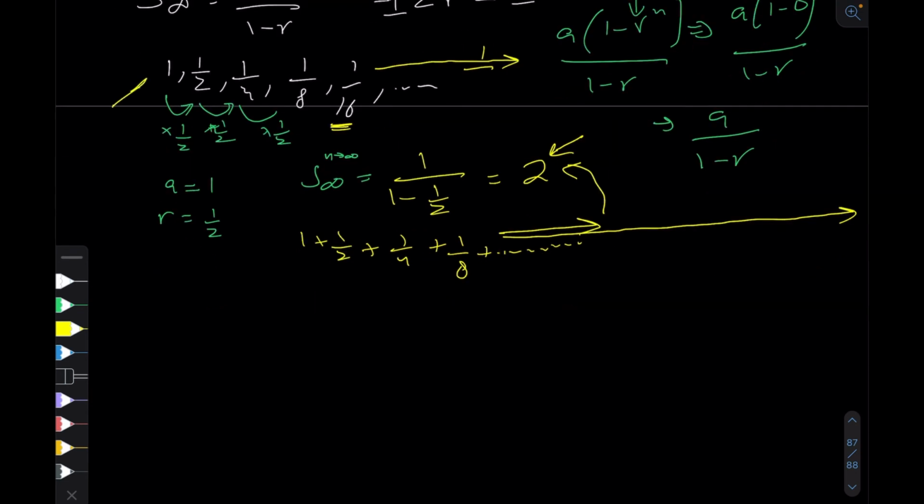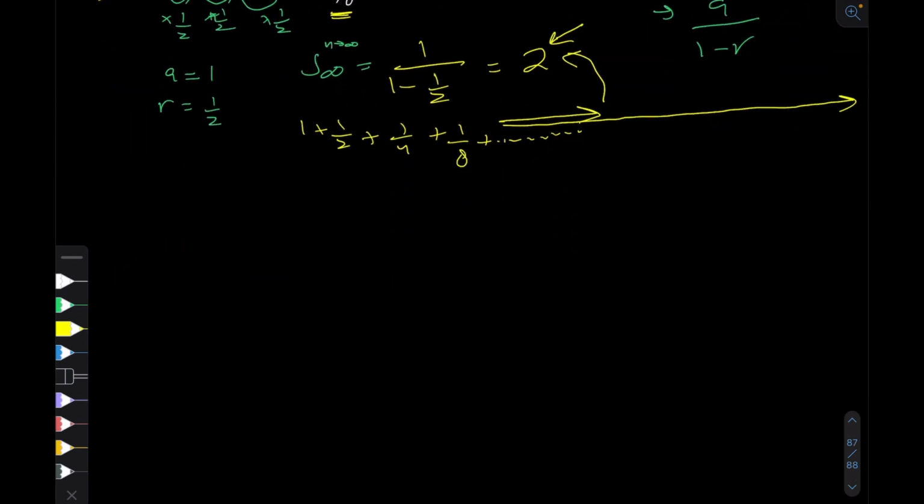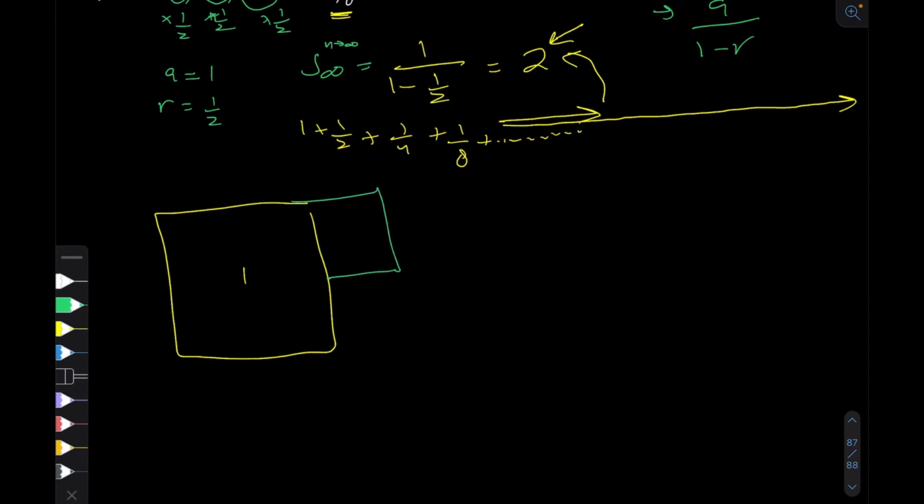And for this specific example, I could also give you a bit of a visual of it. So let's say there's a block and it has the area 1, right? So to 1, you add a half, right? So let's say it looks something like this. And then to the half, you add a fourth, so half of this.